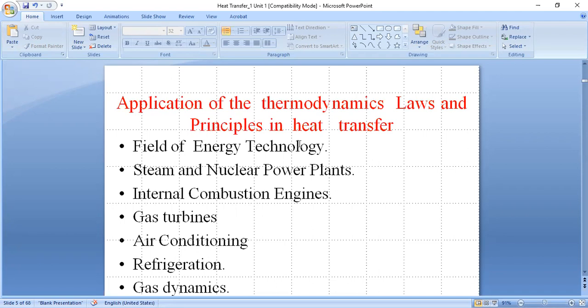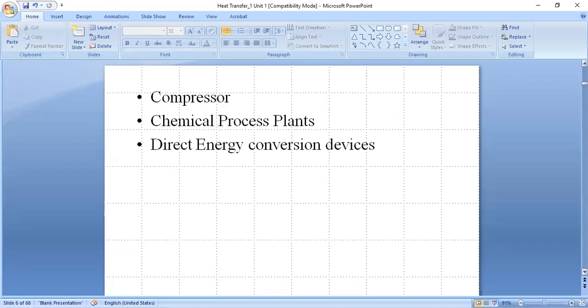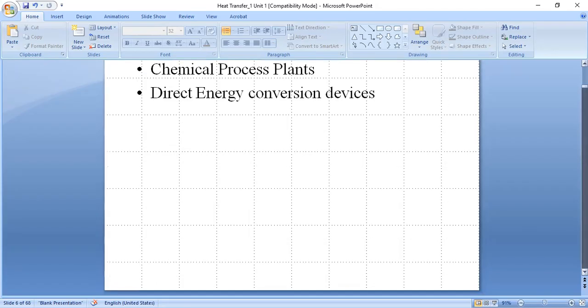Next, refrigeration units, which include VCRS, the vapor compression refrigeration system, and the vapor absorption refrigeration system. Next are gas dynamics and jet propulsion. Next, compressors, chemical process plants, and direct energy conversion devices. These are all the major applications covered in heat transfer.